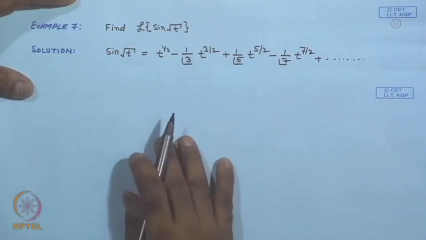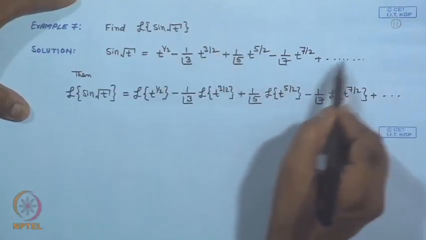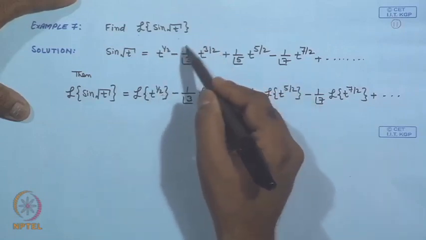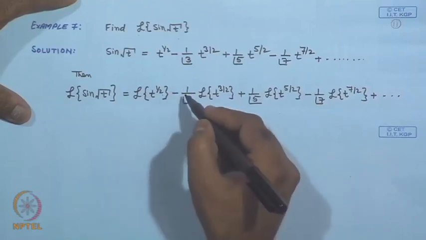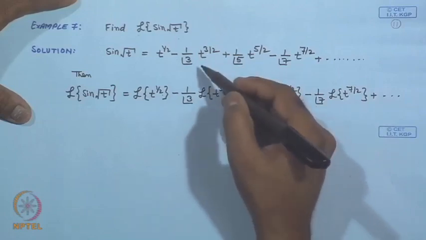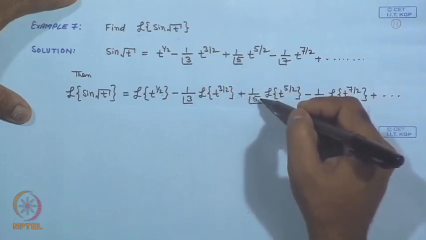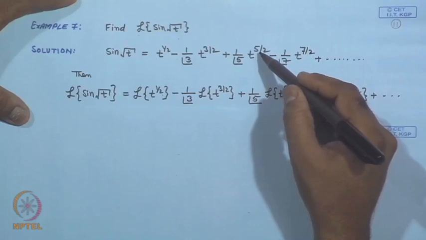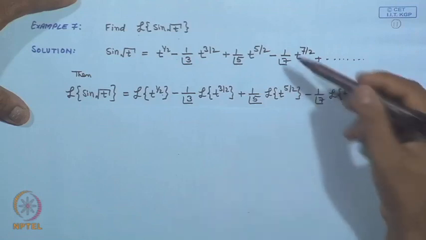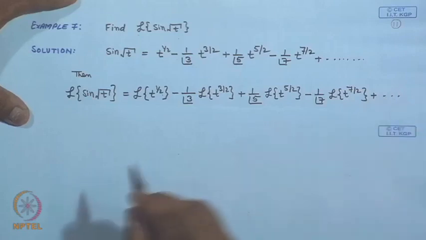So, we do not have to worry about the convergence of this series, but if we take the Laplace transform term by term, we have the Laplace transform of t^(1/2), and then the linearity of the Laplace transform tells us that we can take the constants out: 1 over factorial 3 times the Laplace transform of t^(3/2), plus 1 over factorial 5 times the Laplace transform of t^(5/2), minus 1 over factorial 7 times the Laplace transform of t^(7/2), and so on.